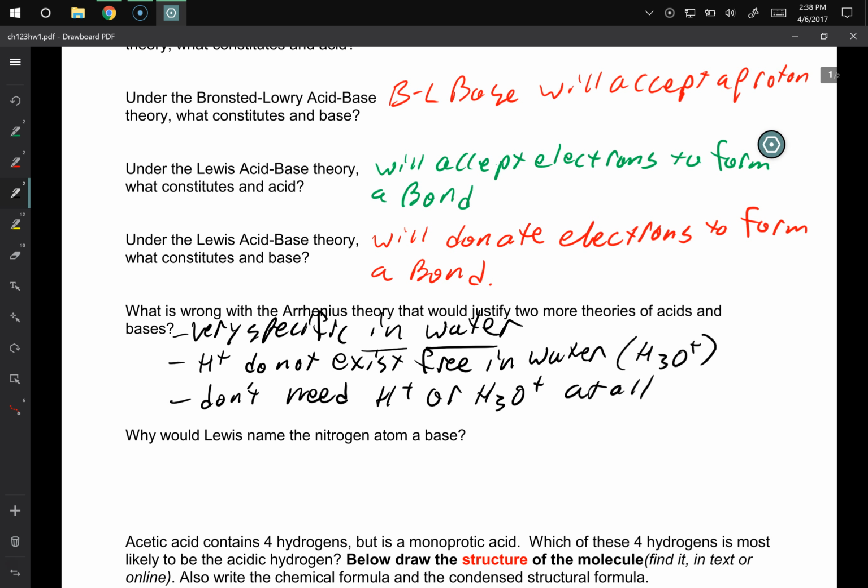Oh yeah. We don't actually need H pluses or hydronium ions at all. That's not a requirement for something to be considered an acid or a base. And he had water separating into hydrogen ion and hydroxide ion with no energy input.